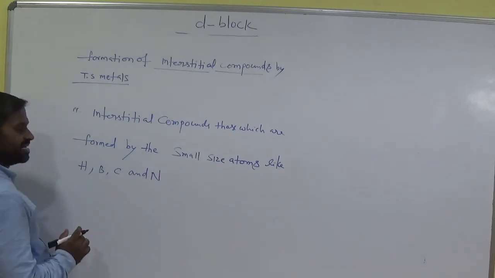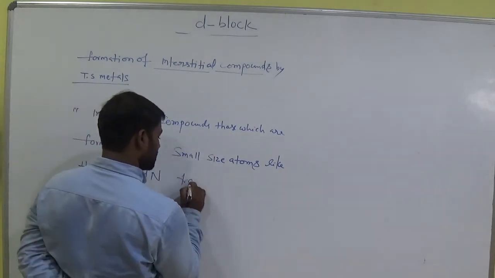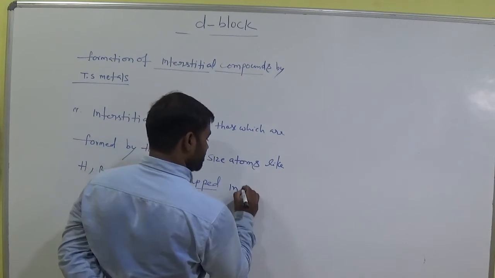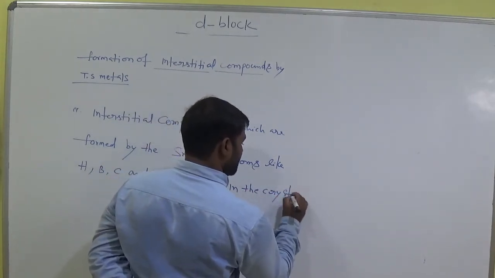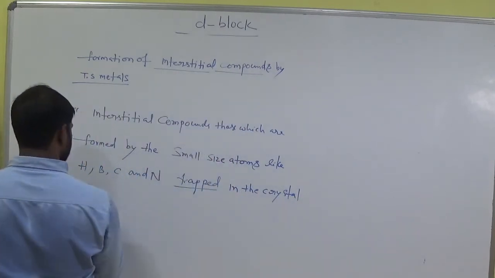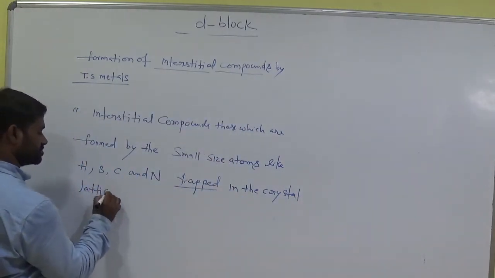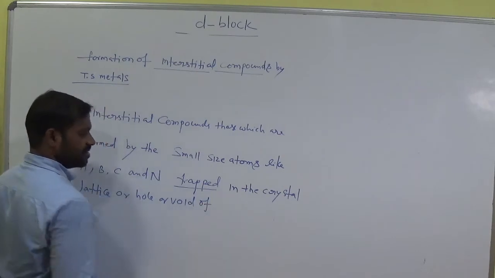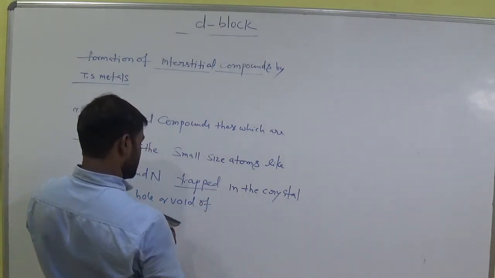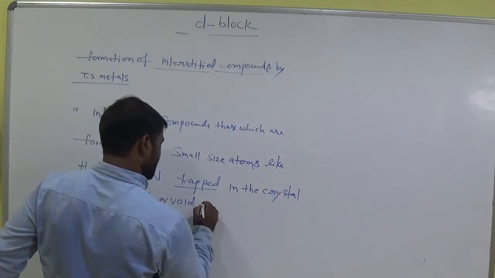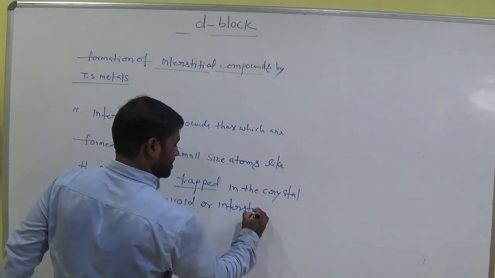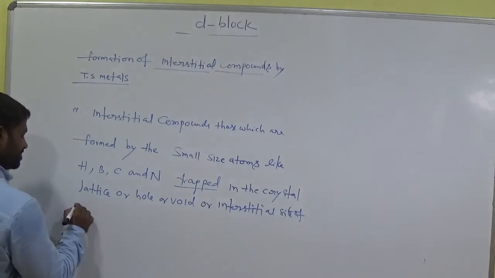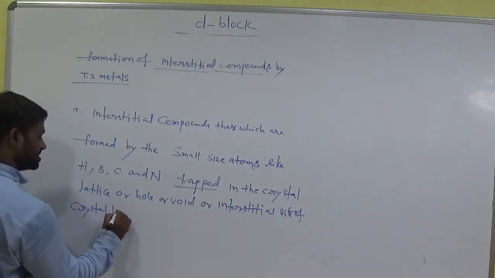These are the small size atoms, trapped in the crystal lattice, in the holes or voids or interstitial sites of the crystal lattice.